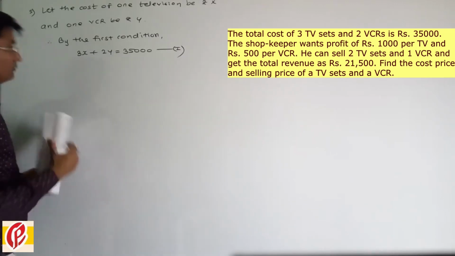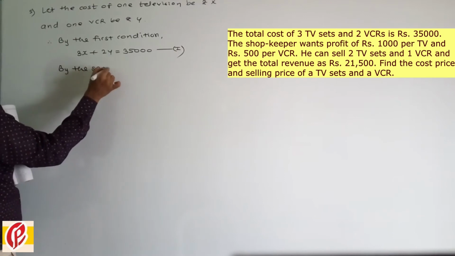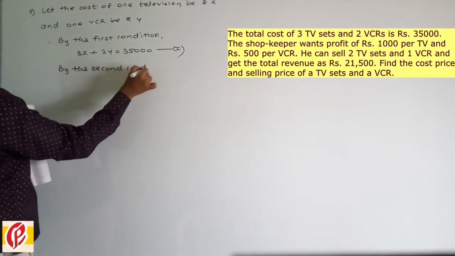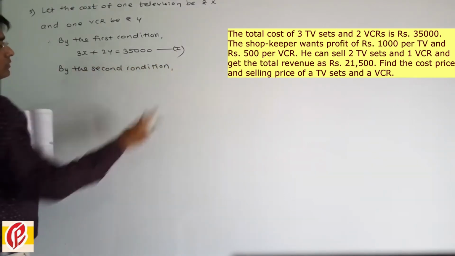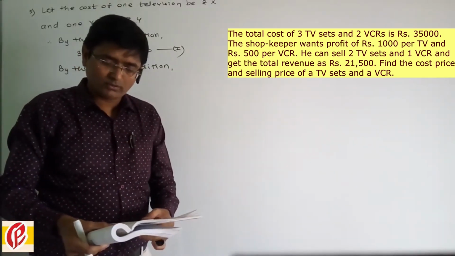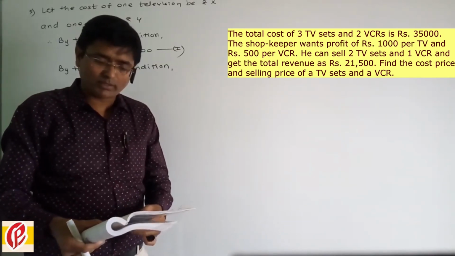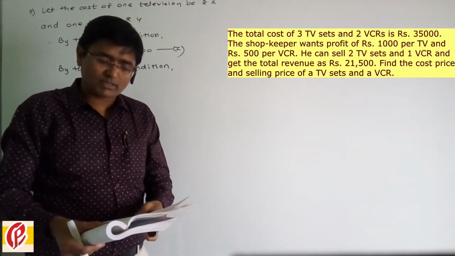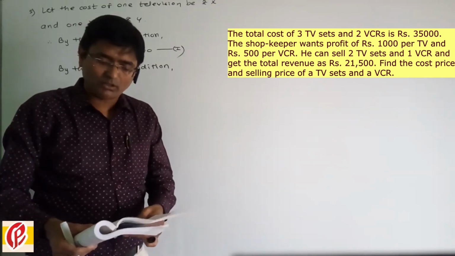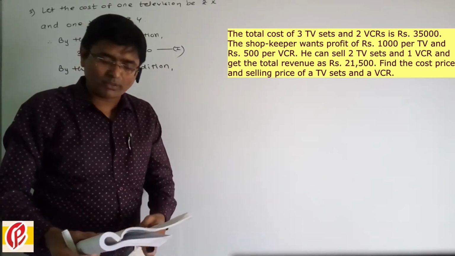And by the second condition, what is the second condition? The shopkeeper wants profit of 1,000 per television and rupees 500 per VCR. So he can sell 2 televisions and 1 VCR. So for 2 televisions and 1 VCR, how much profit will he get?